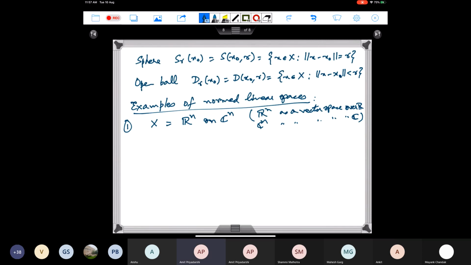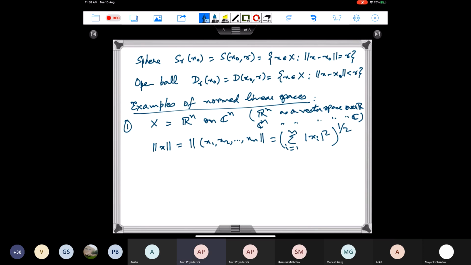And here we can define a norm. That is called the Euclidean norm. If I take any x, a vector in R^n or C^n, it can be written as a tuple (x1, x2, ..., xn). And how do we define the norm? The norm of x is equal to the summation of mod x_i squared, i equal to 1 to n, and take the positive square root.